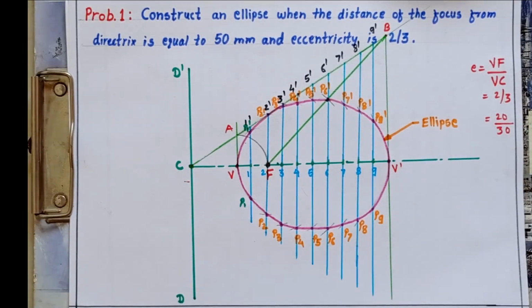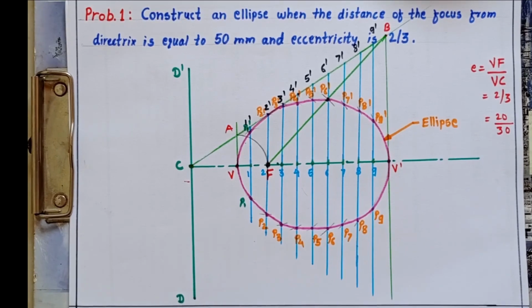So this is the complete solution for the given problem statement, where you have to construct an ellipse where the distance of the focus from the directrix is equal to 50 mm and eccentricity is 2 by 3. As the distance of the focus from the directrix is given, that is the clue point to identify by which method we have to construct it.